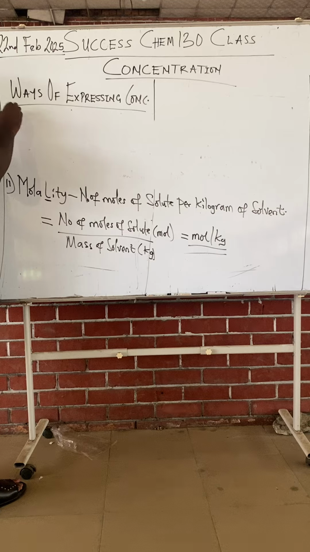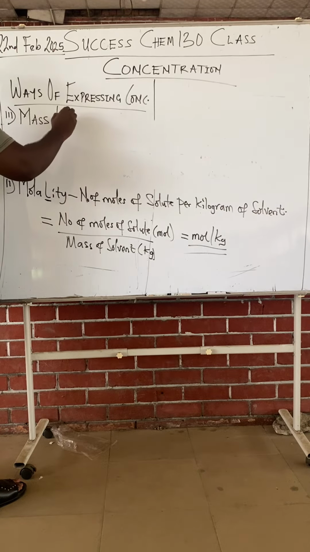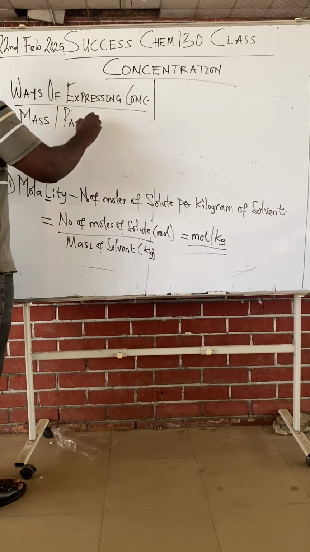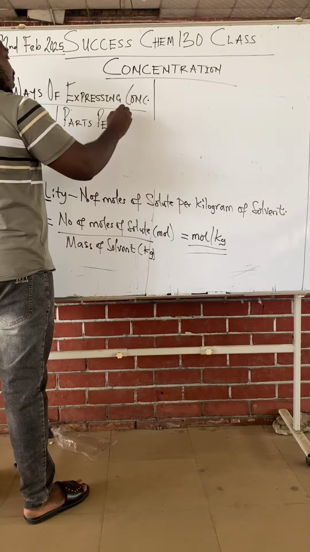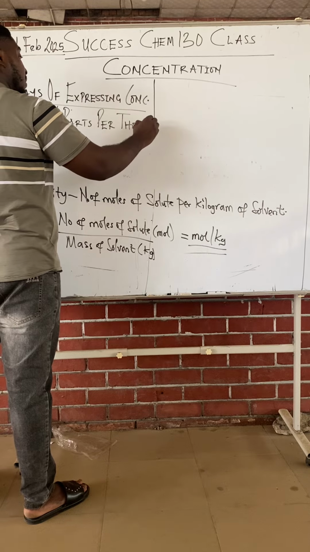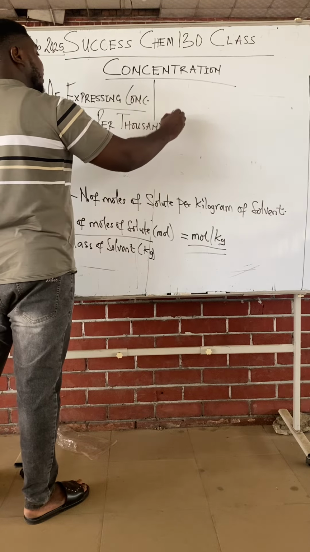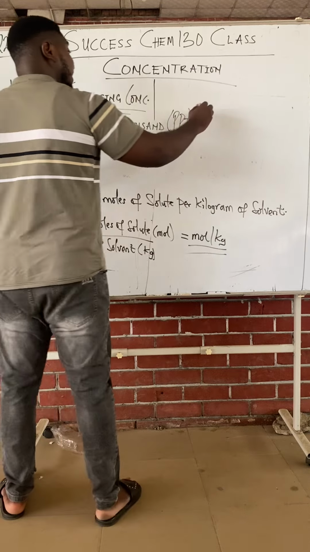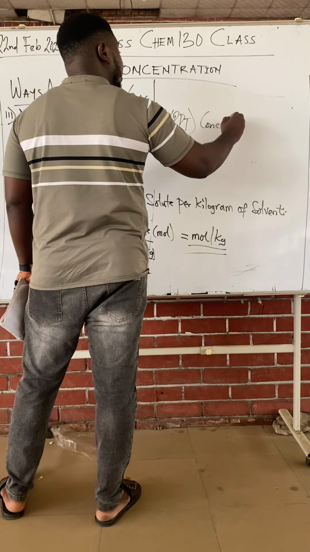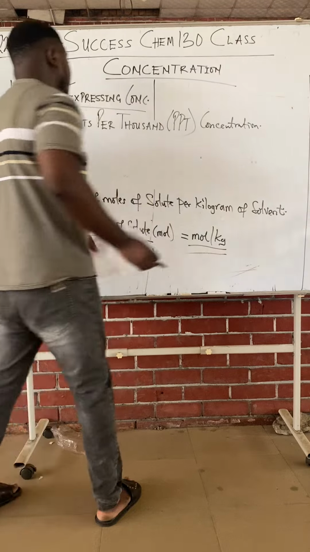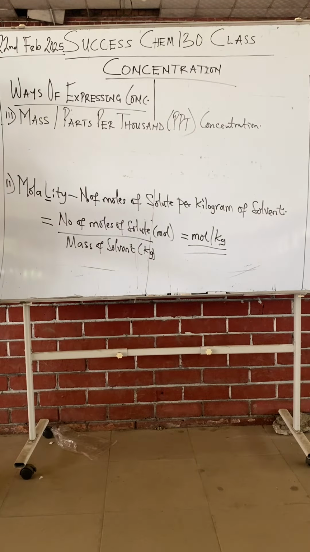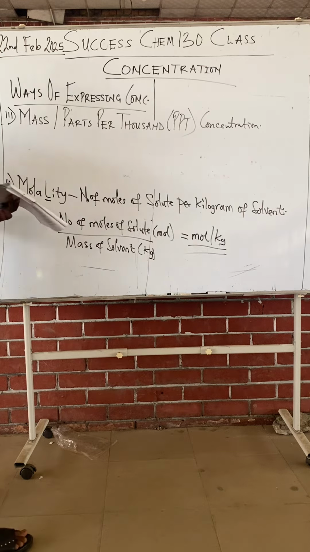So number 3, the third way of expressing concentration is mass or PPT concentration. PPT means parts per thousand.